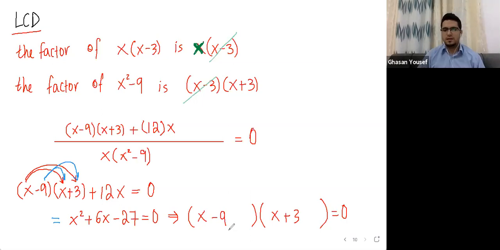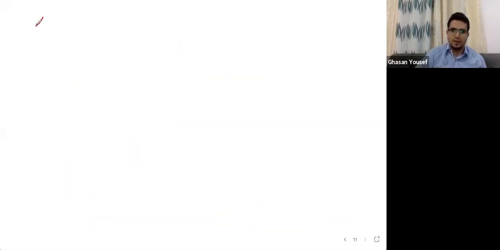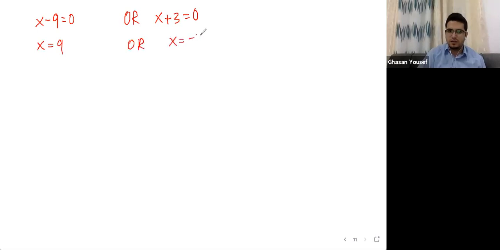Now by using the zero product property, x minus 9 equals 0 or x plus 3 equals 0. Again, we add 9 to both sides, I get x equals 9, or I subtract 3 from both sides, x equals minus 3.